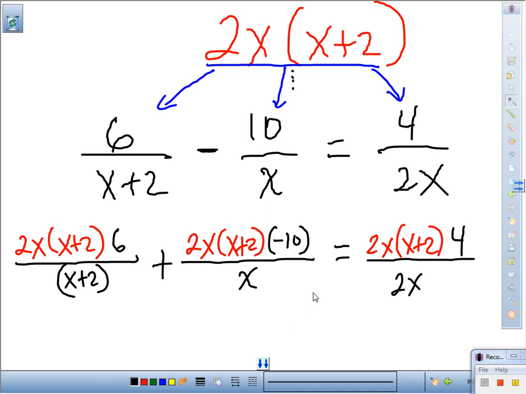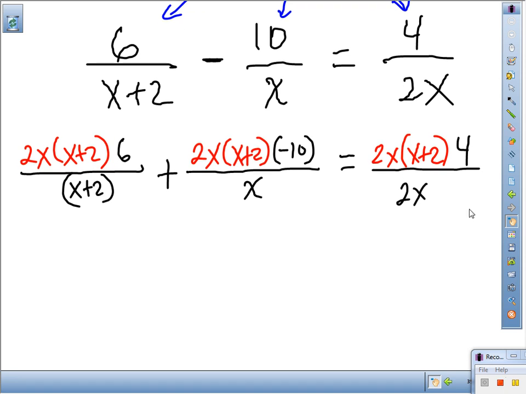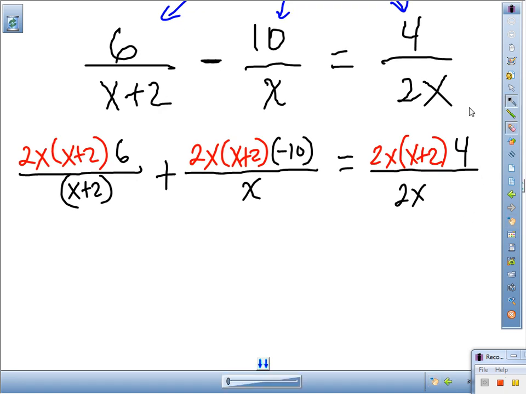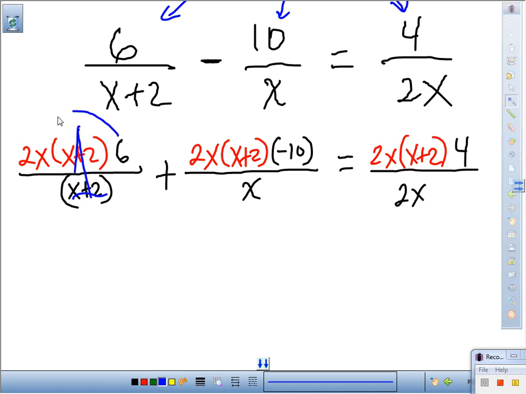Okay. Now, let's simplify those fractions. Do you see a giant 1? Right here? There it is. So that leaves me with 6 times 2x, which is 12x. Do you see a giant 1 for the second one?